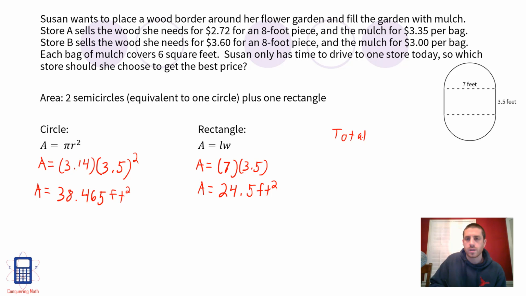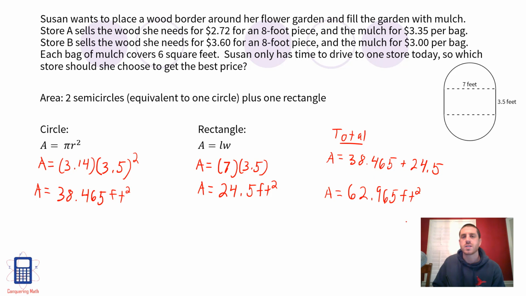So our total area is going to be 38.465 square feet plus 24.5 square feet. We add those together for an area of 62.965 square feet.